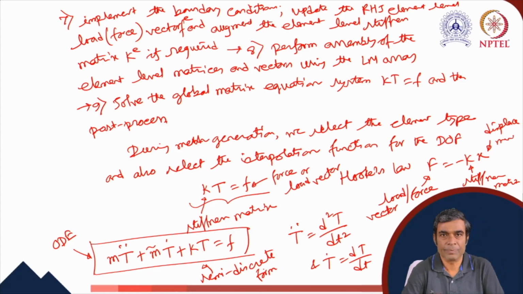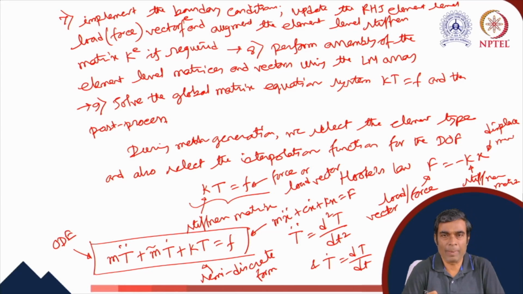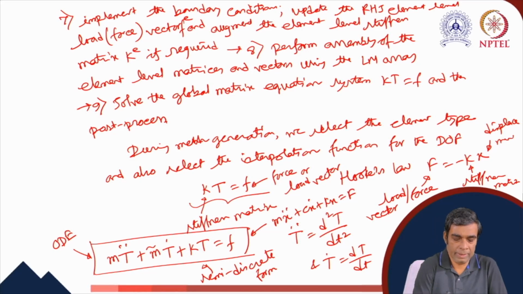So here, if we look at the semi-discrete form, this form is very much similar to the form which we use for vibration problems. The equation of motion of a rigid body, m x double dot plus c x dot plus k x equals to F, is written for a particle. Now here, M and M tilde are known as the mass matrices.